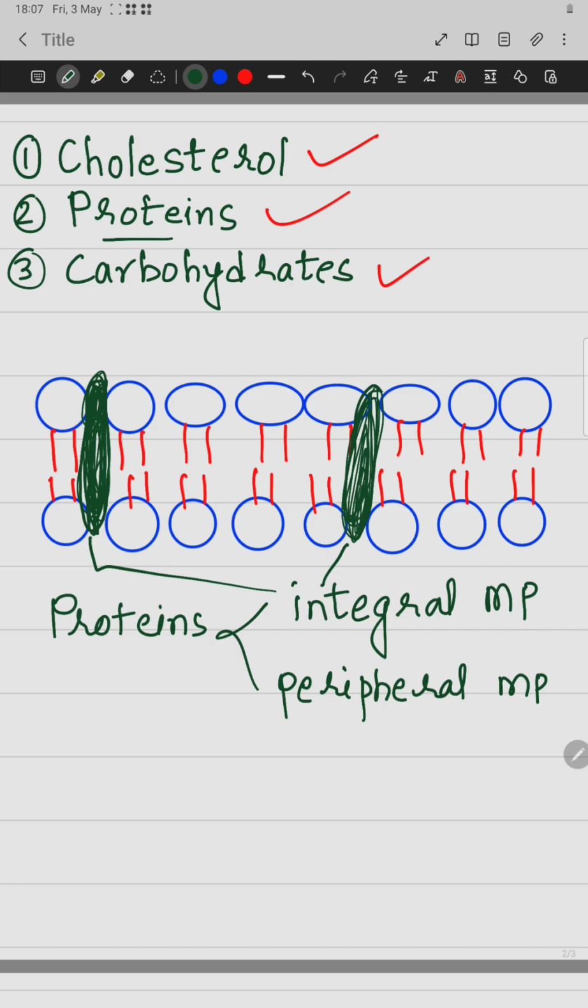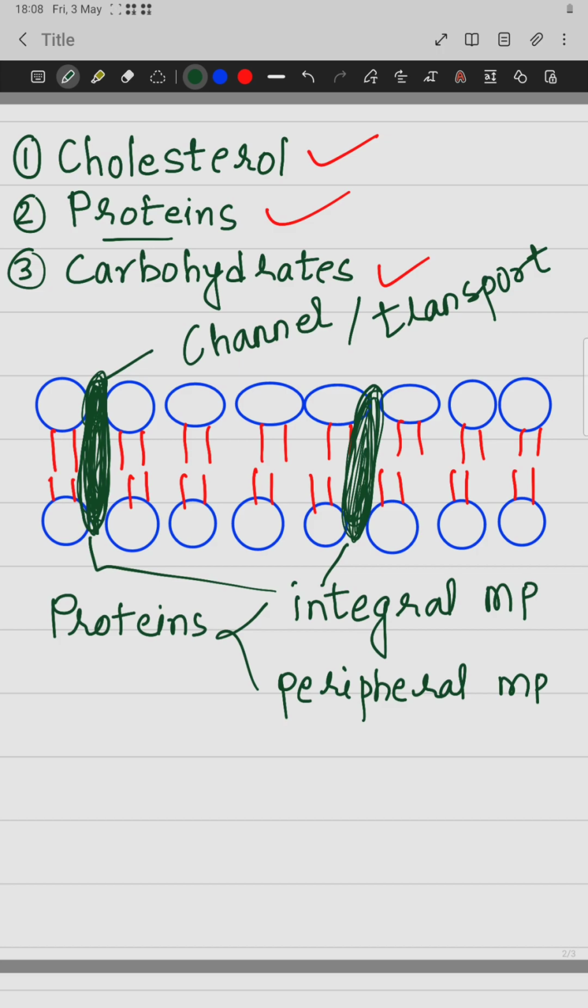These integral membrane proteins can help as channels or as transport proteins, so that the molecules which are not usually able to cross the plasma membrane can cross with the help of these integral proteins. So they act as a channel.